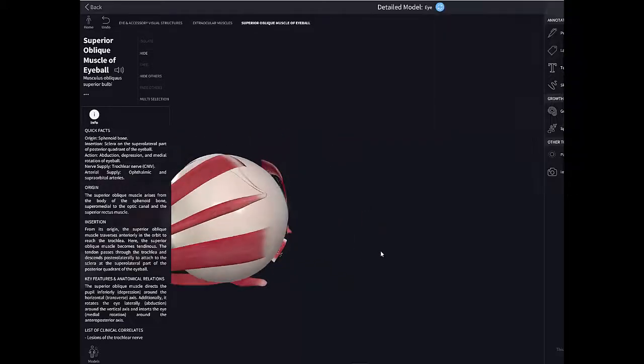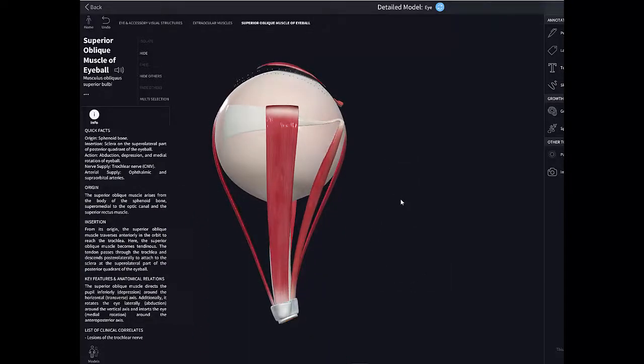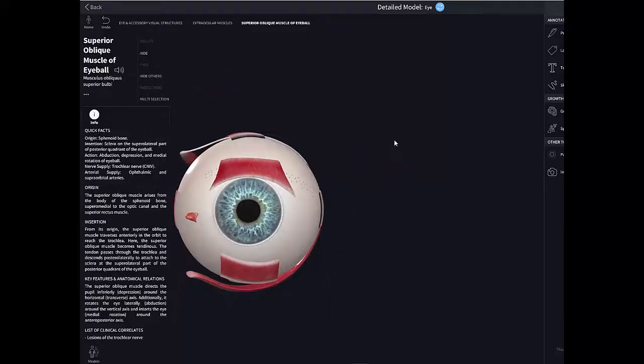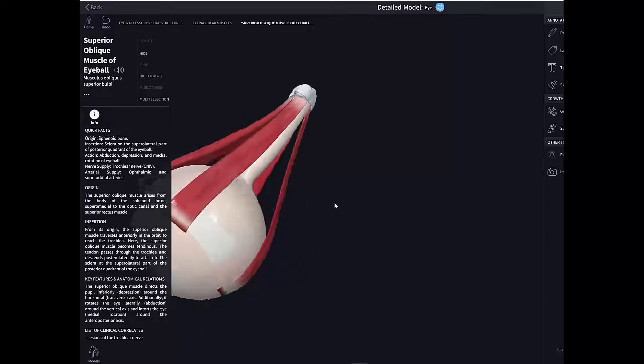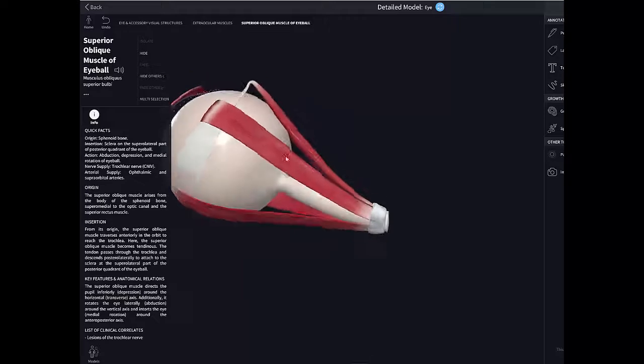In addition to that, though, if we move it over like this, it doesn't only do intorsion, it will also abduct the eyeball, and depress the eyeball if we are starting with the gaze forward, that is the primary position. This changes dramatically if the eyeball is already moved into one or the other direction, so either adducted or abducted. So now let's have a look at the inferior oblique.